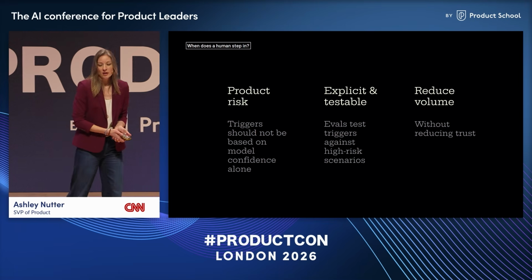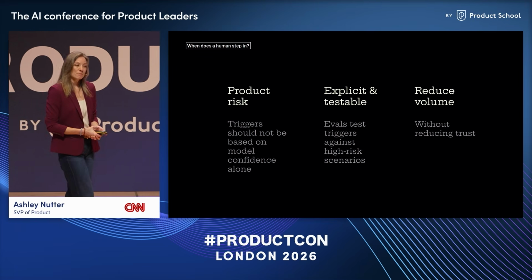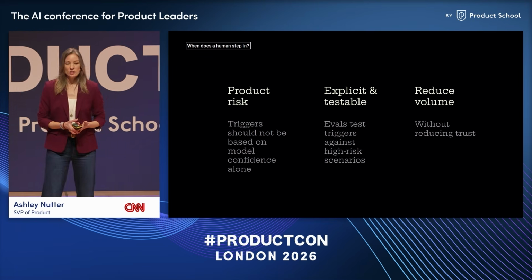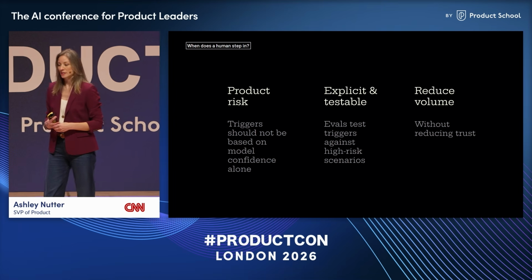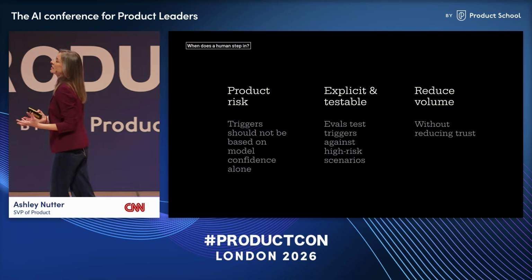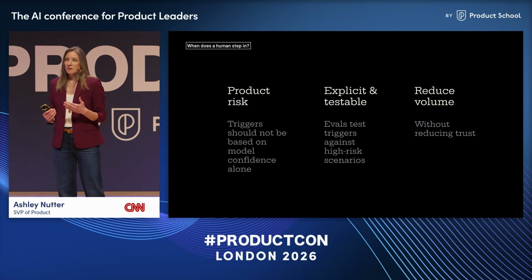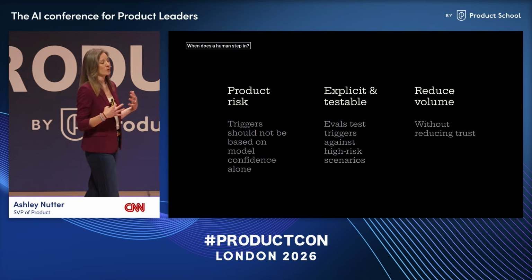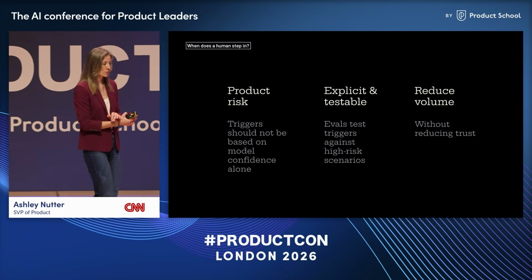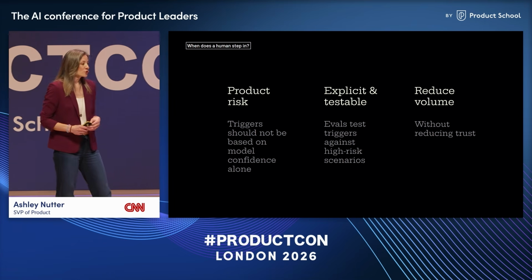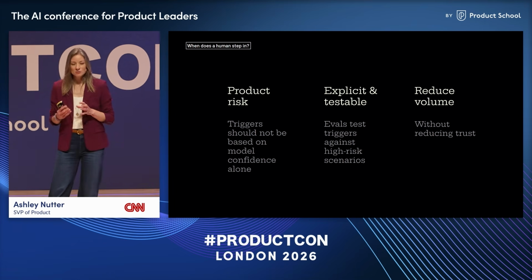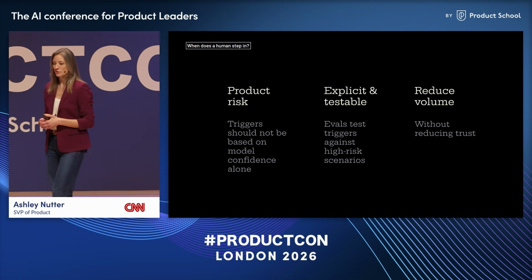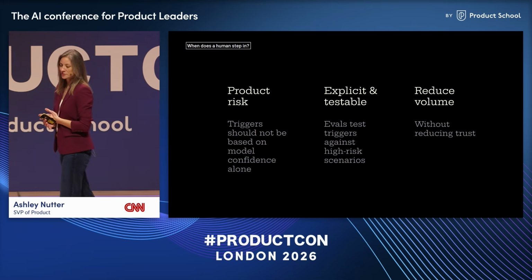The next thing to think about here is basically minimizing unnecessary review. So you want your trigger for human involvement to basically catch only what matters. And this is a little bit of a Goldilocks principle, because if your trigger is too permissive and lots of things go through, then people introduce manual checks, just in case, because they don't feel confident, in which case you've, again, undermined their agency.